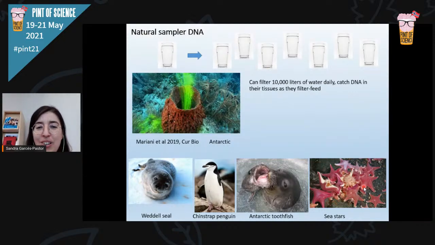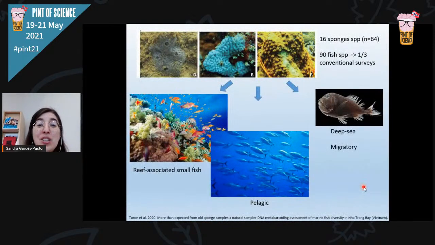But this not only stays here. Some people also studied some sponges in Vietnam, and they sampled 64 sponges of different species, and they could find 90 fish species. And only with this sampling, they already covered 1/3 of the traditional conventional surveys, which is quite a lot.